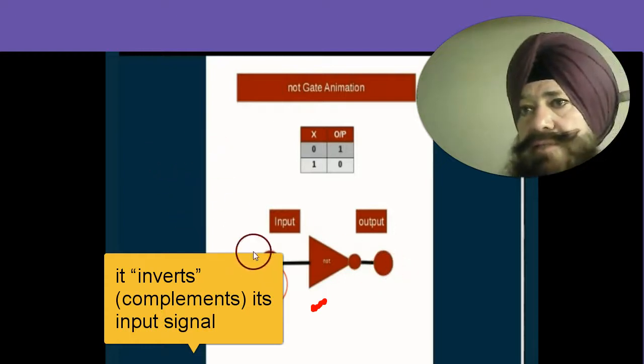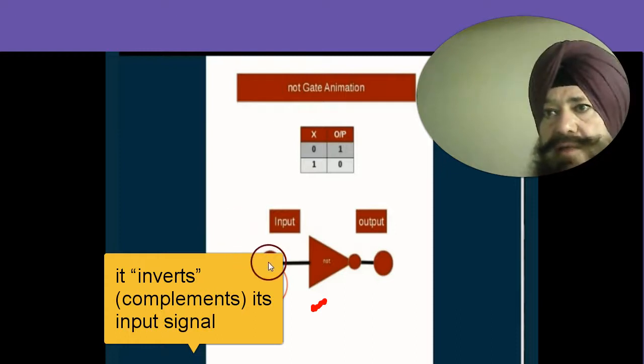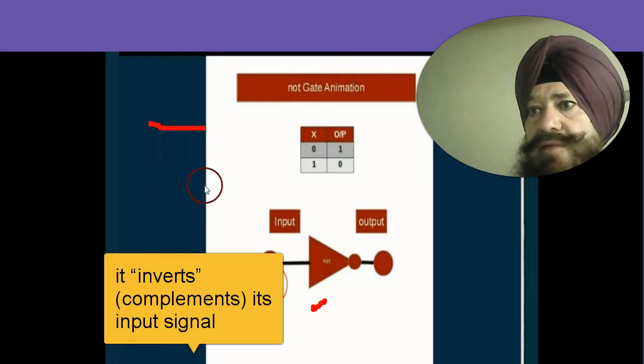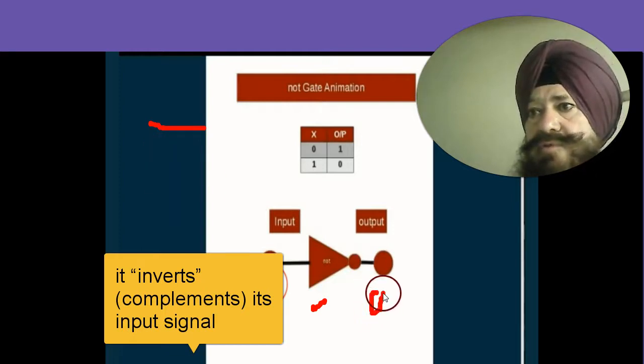The logic is, if A is not true, then Q, the output, is true.